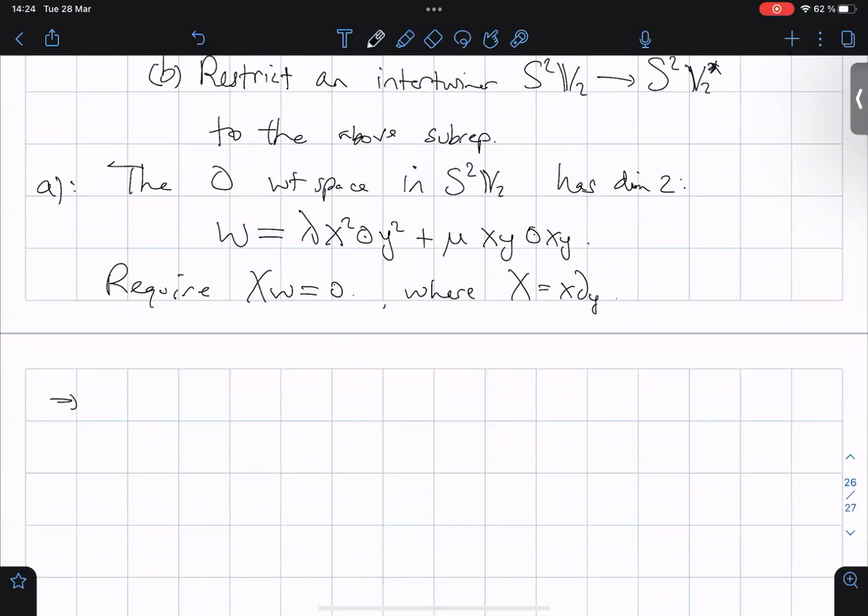So x acting on W. X acts as a derivation, the Leibniz rule. On this x squared thing, x kills it. X squared is the highest weight, so x kills it. But okay, let me just be explicit. And so x squared.